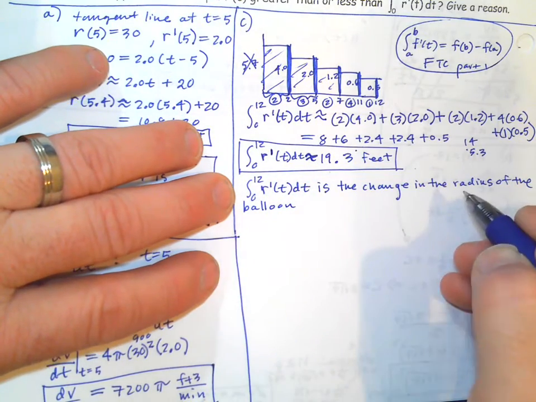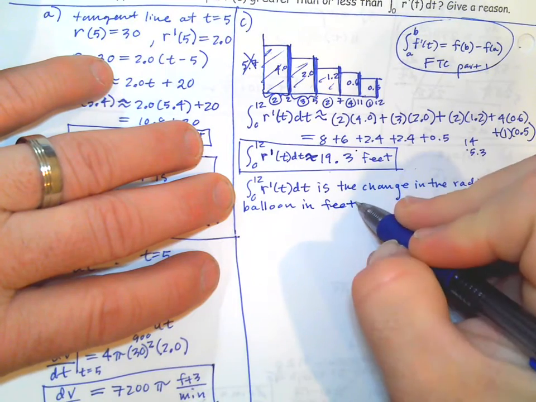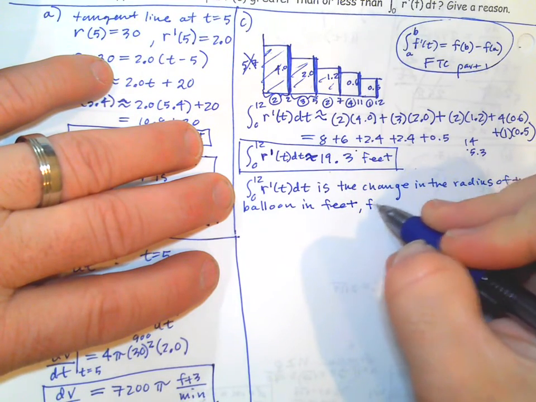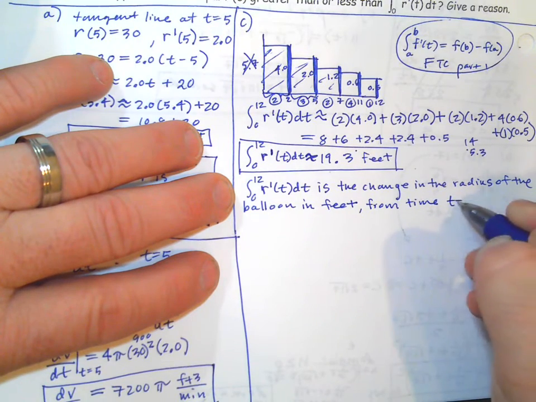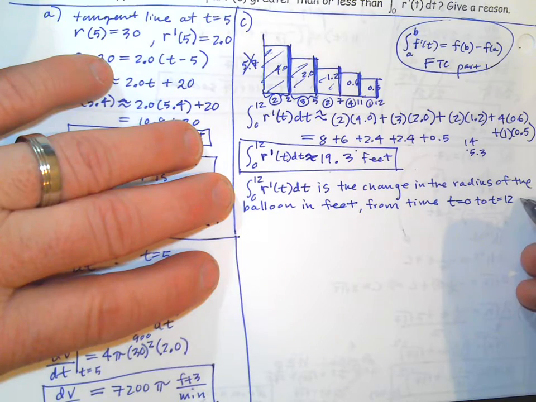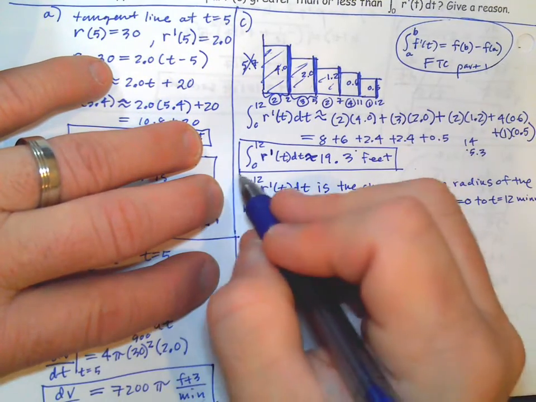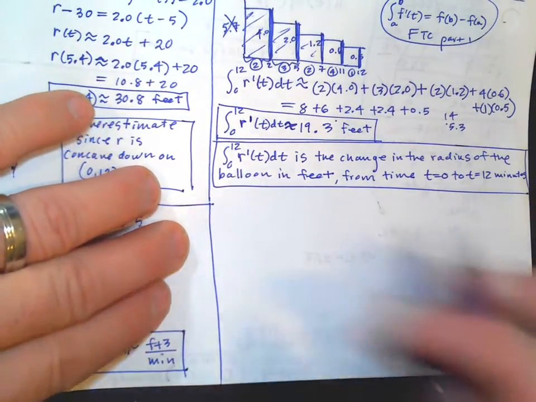Don't just say R, radius of the balloon in feet. It says using correct units. That's not enough. From time t equals 0 to t equals 12 minutes. You have to have all this stuff. You've got to describe the time. You've got to put all the units. You've got to use the context. So that's what we're looking for on C.